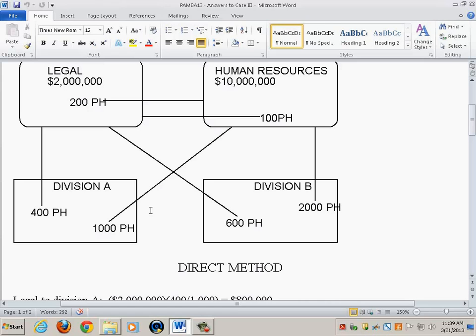But alternatively, we could decentralize and delegate authority and say, you know what, to the different units here, legal, human resources, Division A and Division B, why don't you negotiate prices for the services that you exchange? You're exchanging services. You are receiving legal and human resource services.